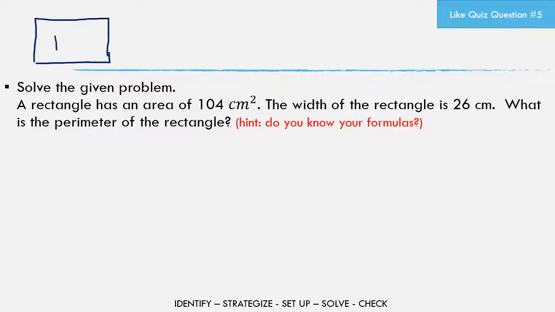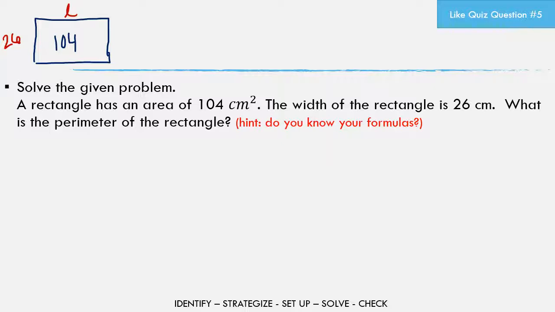We know that the area is 104 centimeters squared, and we know how to find the area of a rectangle. Remember, it's the width times the length. The next sentence tells us that the width of the rectangle is 26 centimeters. Oh, so instead of writing W here, we can put in the actual width, which is 26.